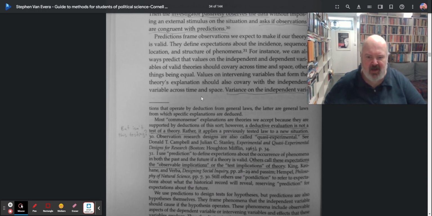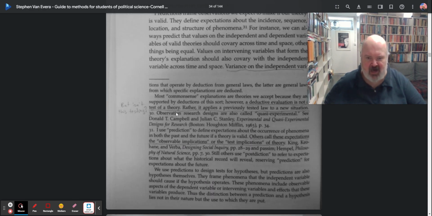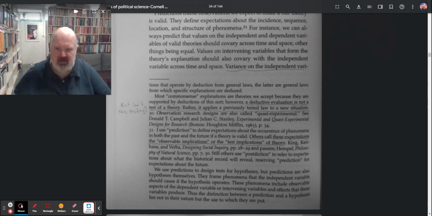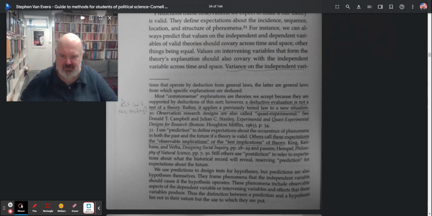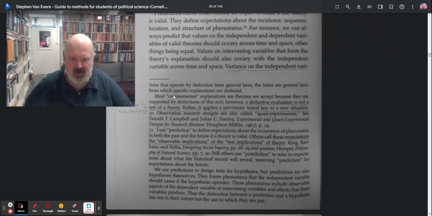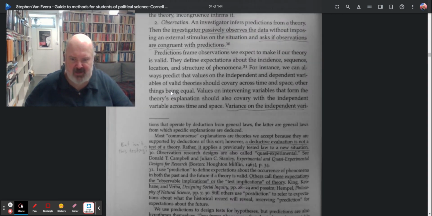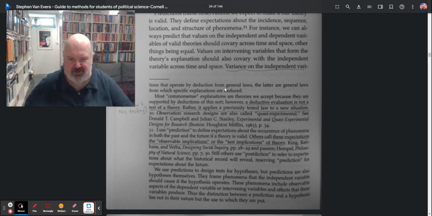The former are explanations that operate by deduction from general laws. The latter are general laws from which specific explanations are deduced.